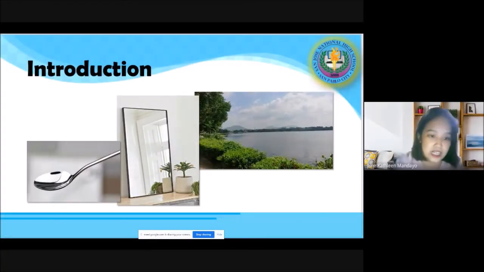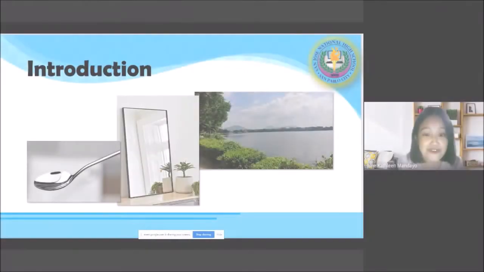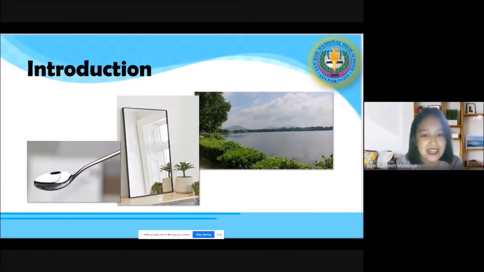The question here is, what is with these shiny metals, these mirrors, these clear waters that allow us to see ourselves or objects as reflections? So pag-aaralan natin kung ano yung meron dito sa mga bagay na ito, bakit nakakapag-reflect sila ng image ng isang object.